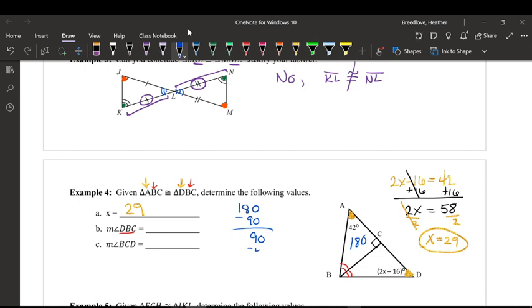And then subtract the 42, and that's 48. So that means angle ABC is 48 degrees, and angle DBC is also 48 degrees.